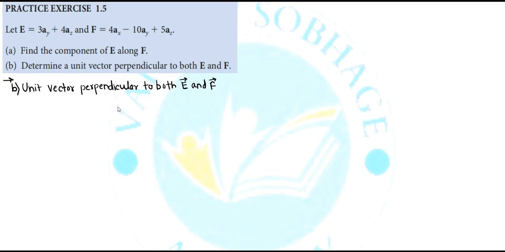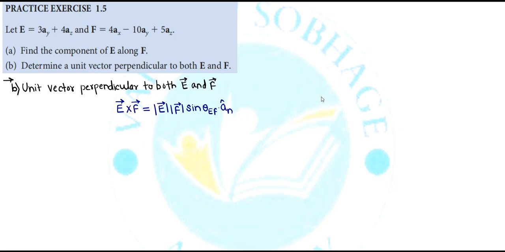So if we are given with any two vectors, so here in this case we are given with vector E and vector F. So the cross product in between the two vectors will be given by the product of the magnitude in between them and sine of the theta, or you can say the angle in between these two vectors, having the normal vector which is perpendicular to the both vectors.